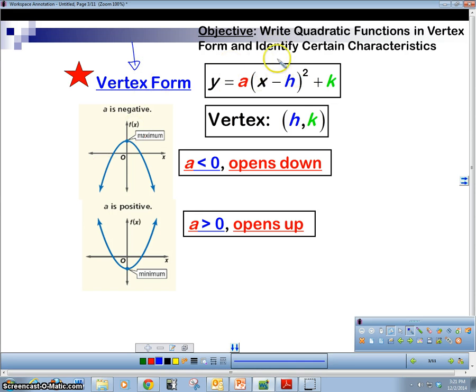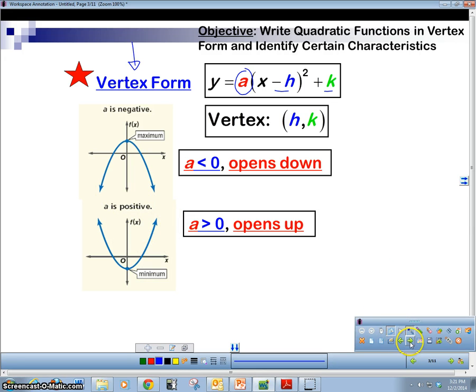Vertex form gives us the vertex, so it's a times (x minus h) squared plus k, where (h, k) is our vertex. Depending on whether a is positive, it'll open up. If it's negative, it'll open down. So we'll have an upside down parabola, and this will be a right side up parabola.